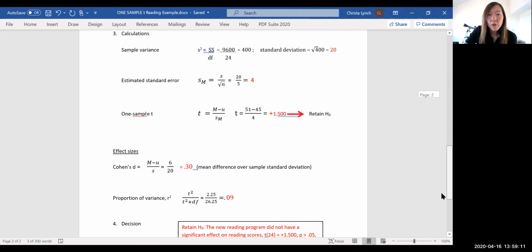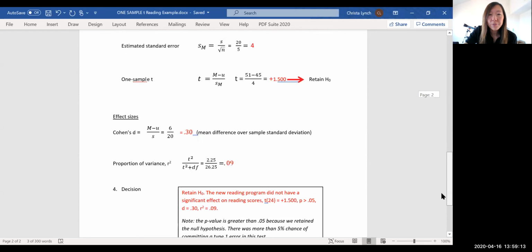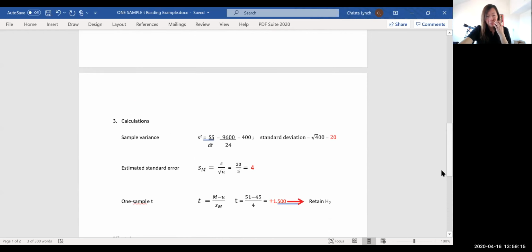So we'll go back to our t-statistic. We now know the difference between the means, and of course we know the formula for the estimated standard error, so we can just subtract those.